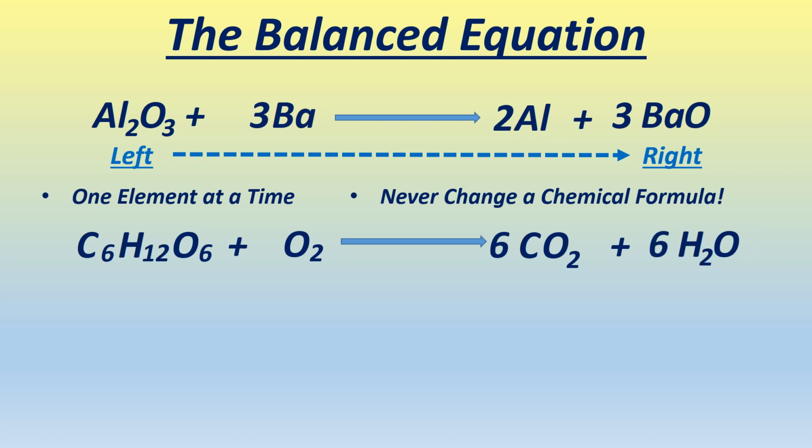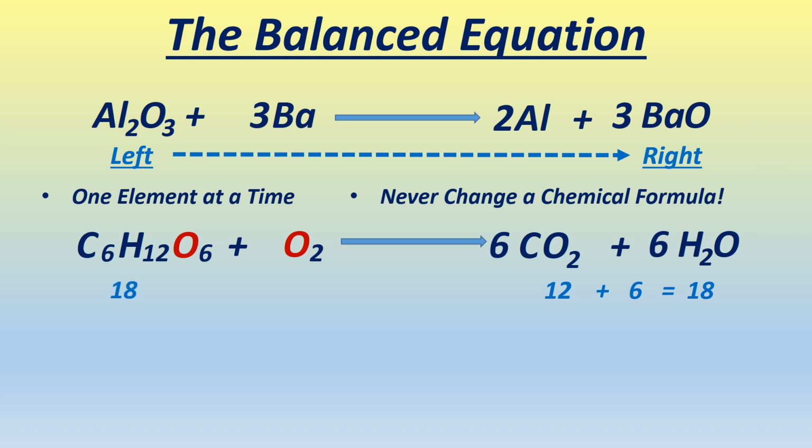The final element, oxygen, is in 4 places going from left to right. If I look on the right side of the balanced equation, I have 6 CO2s. Each one has 2 oxygens, so that's 12. 6 waters with 1 oxygen is another 6.